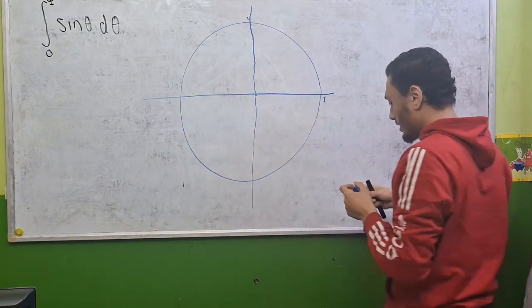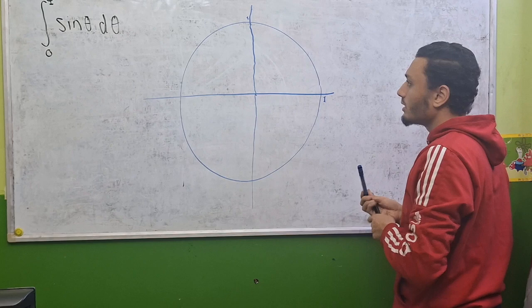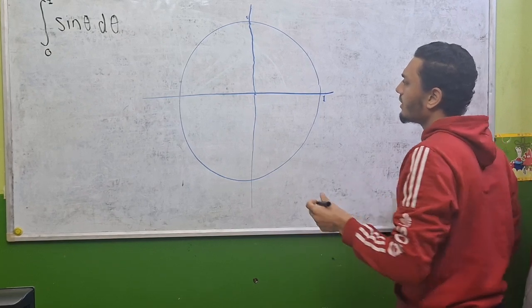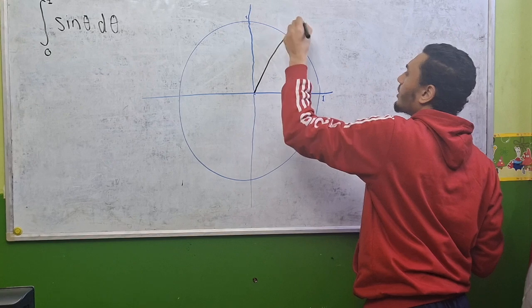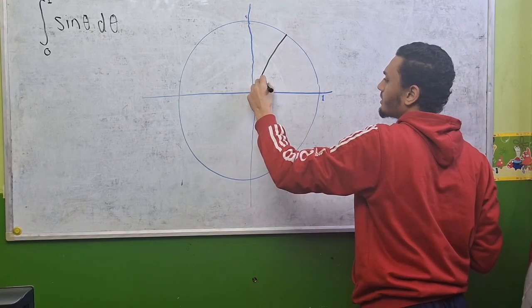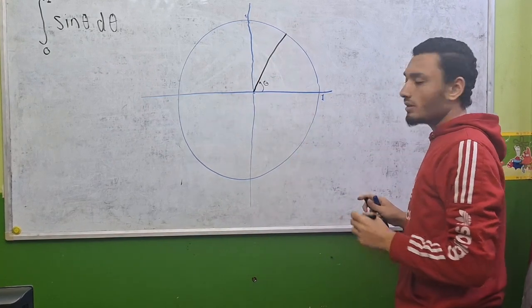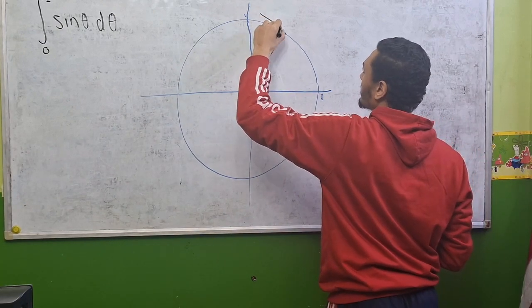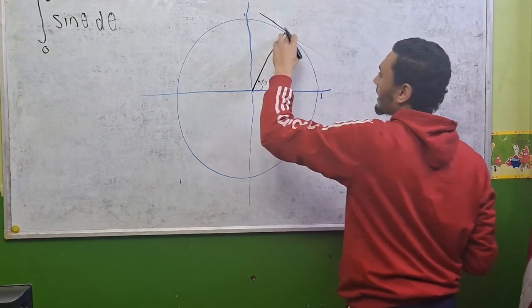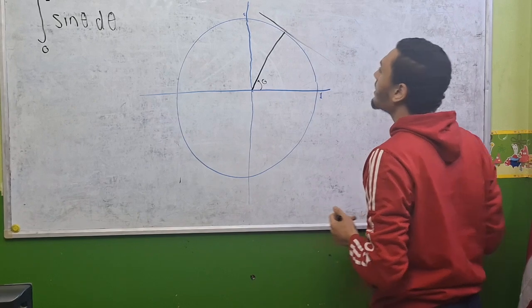So there is some angle here, phi, or theta. This angle is theta. And there is a tangent at this point. Assume it's a tangent, right?